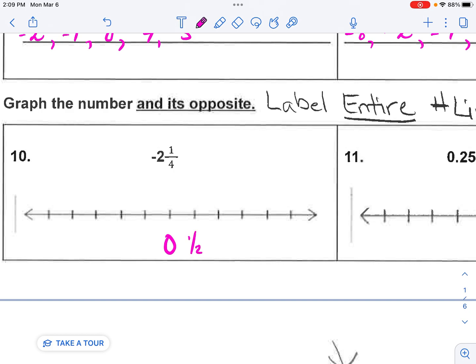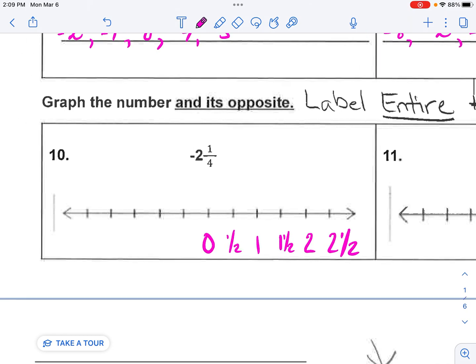So 1/2, 1 whole, 1 1/2, 2 wholes, 2 1/2. And then -1/2, -1 whole, -1 1/2, -2, -2 1/2.